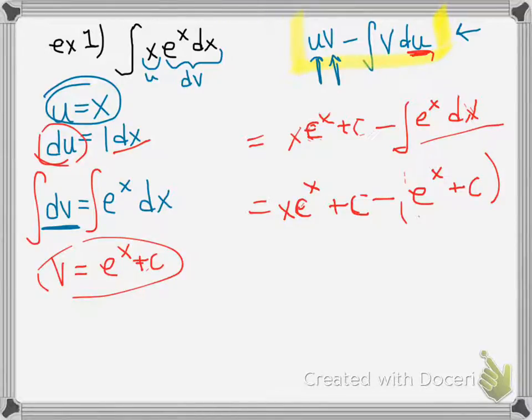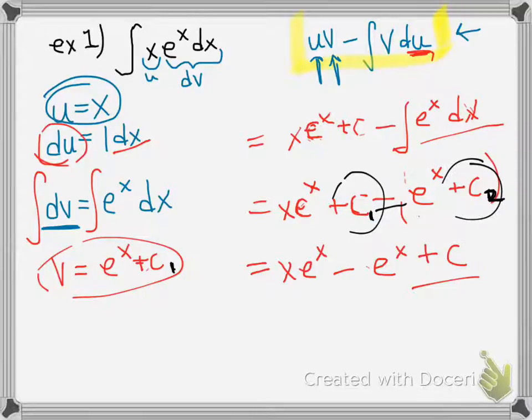But they're just constants, so I'm just going to write it as x e to the x minus e to the x plus c to represent that constant, because really we have constant 1 and constant 2 over here, and we don't know what constant 1 minus constant 2 is, so we're just going to add a constant.